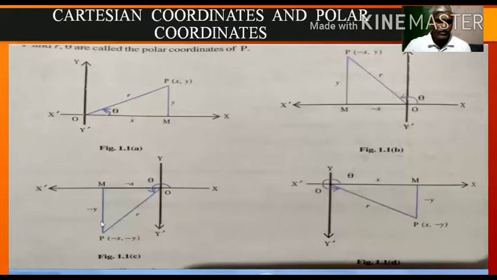And in third quadrant, we take the theta value between minus 180 to plus 180, so it is minus 180 to minus 90. And if it is in fourth quadrant, it is minus 90 to 0. So in this way, we can relate the Cartesian coordinates to the polar coordinates.